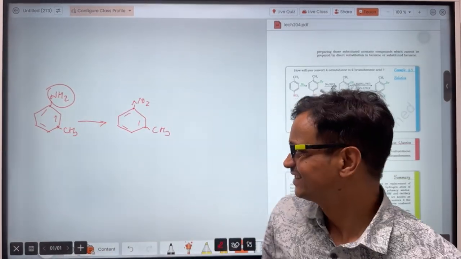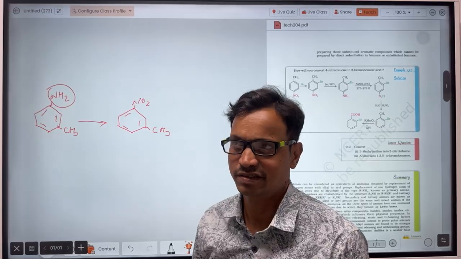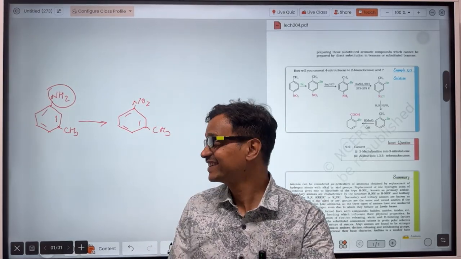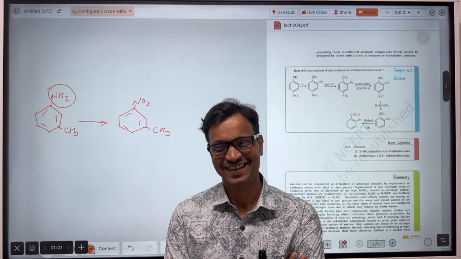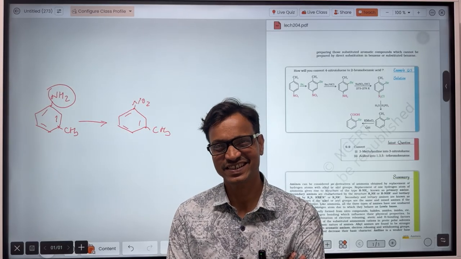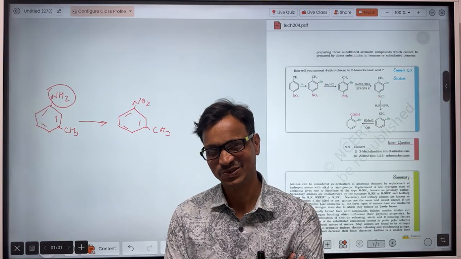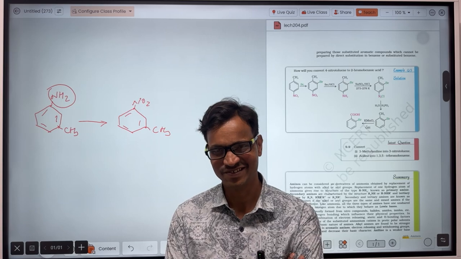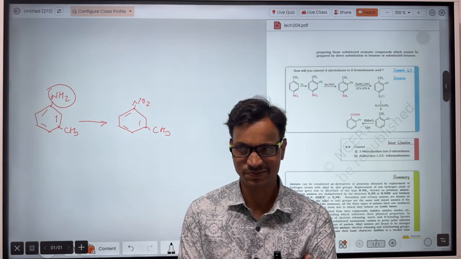Now how is this NH2 converted to NO2? If someone takes direct reduction, hydrogen and palladium, guys, NO2 is not so reactive that it will react with hydrogen very easily. Aldehyde was reacting with H2 very easily, but NO2 will not react. Its reactivity with hydrogen is not so much.